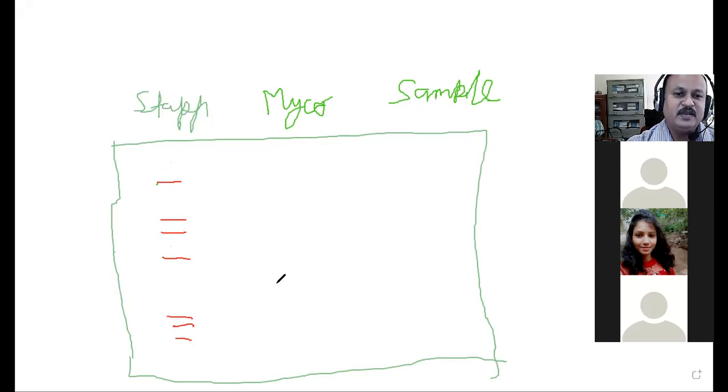Is it okay? So if I have a DNA from staphylococcus, I treat it with certain restriction enzymes, okay, and run it on the electrophoresis gel, then I get a banding pattern like this on the gel, okay. And for example, if I have mycobacterium DNA, okay, then I get a pattern like this.